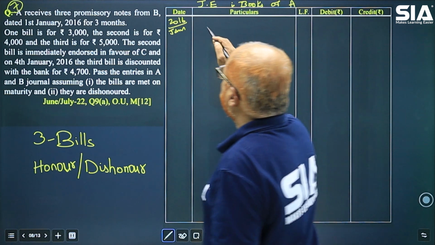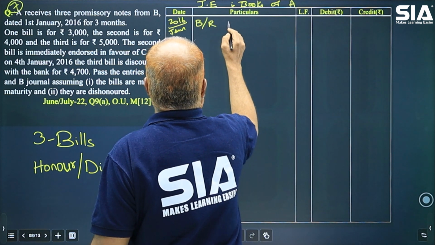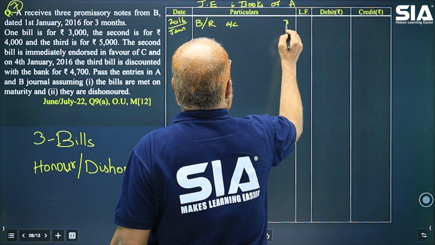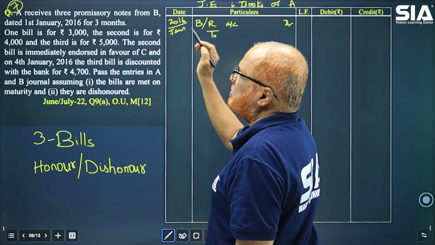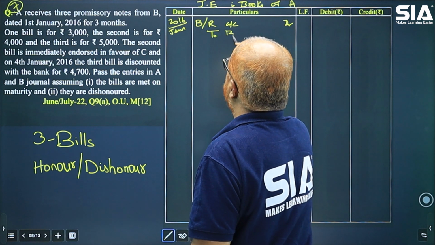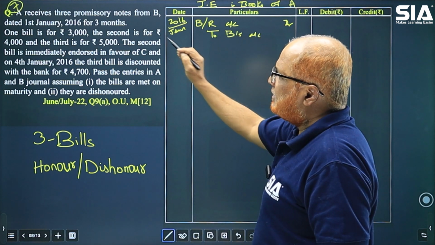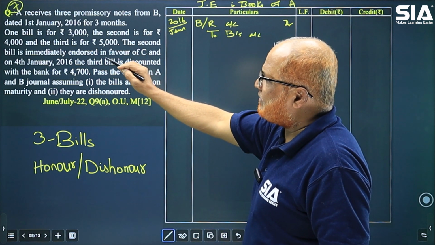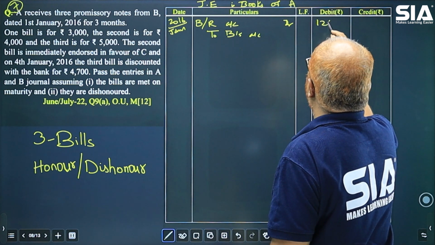First of all, bills receivable account debtor to who is the maker of the promissory note? B, to B's account. All the three bills, that is 3,000 plus 4,000, 7,000, 7,000 plus 5,000, 12,000.